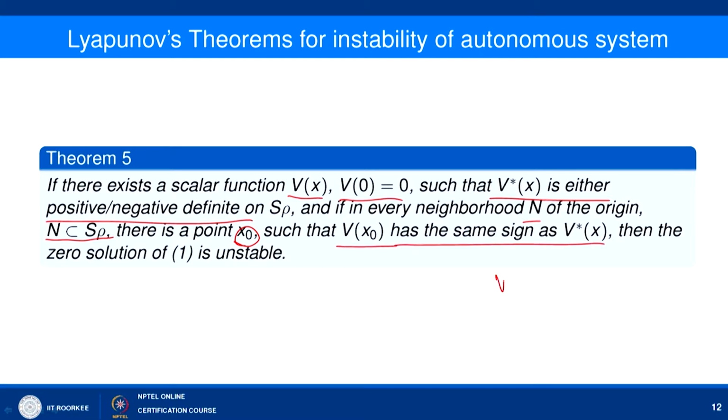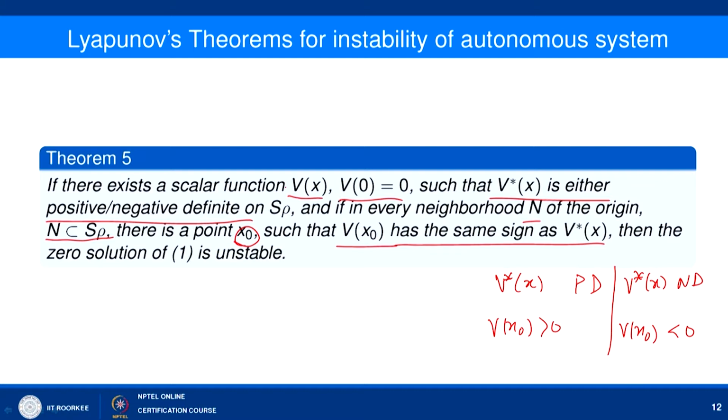So, if I assume that V star x is PD, means positive definite, and there exists a point in the neighborhood of origin such that V x naught is positive, then 0 solution is unstable, and if we take V star x as negative definite and there exists a point x naught such that V x naught is less than 0, then also the 0 solution of 1 is unstable.